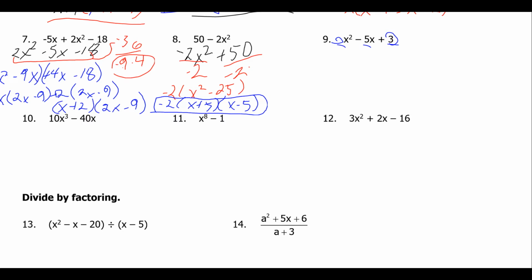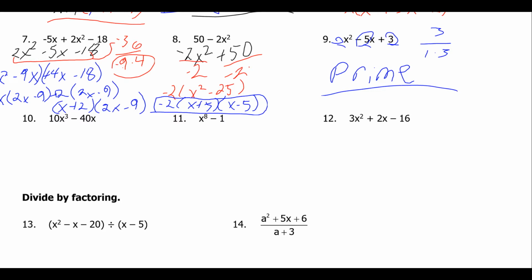Now, what we have to do is try to do the AC method. So 3 times 1 is 3. 1 times 3. And as you know, 1 plus 3 is 4. 3 minus 1 is 2. So neither one of those are 5. So that means that this has to be prime.